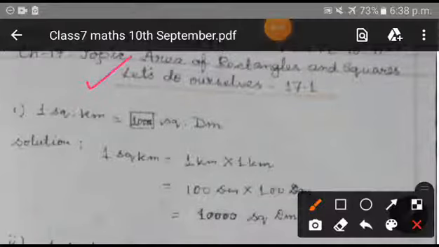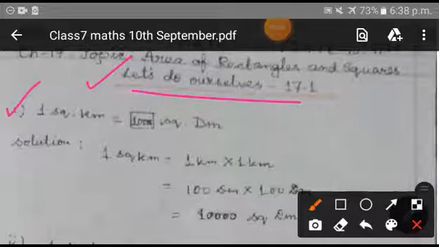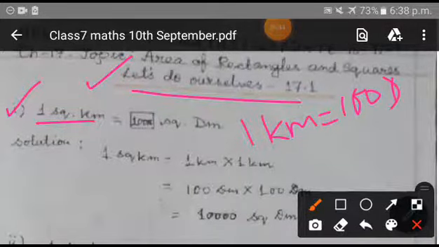We are going to do, let's do ourselves 17.1. Come to sum number 1. 1 square kilometer equals to dash square decameter. Now children, remember, in the metric system you have learnt in the conversion table that 1 kilometer equals to 100 decameter, right? So here you have 1 square kilometer.